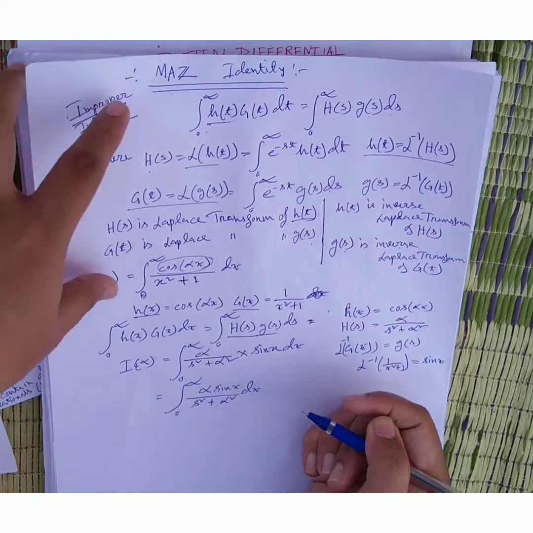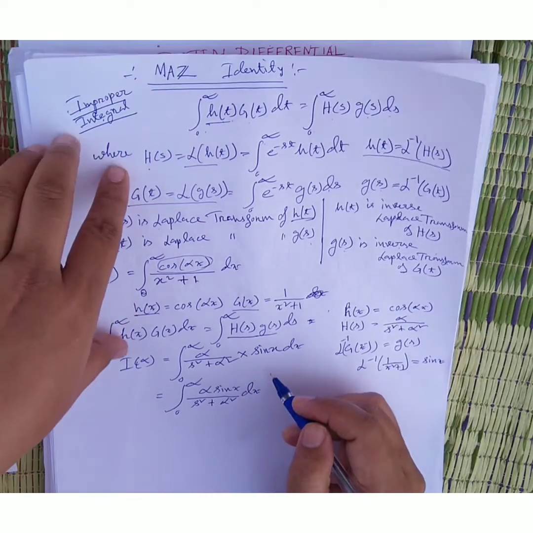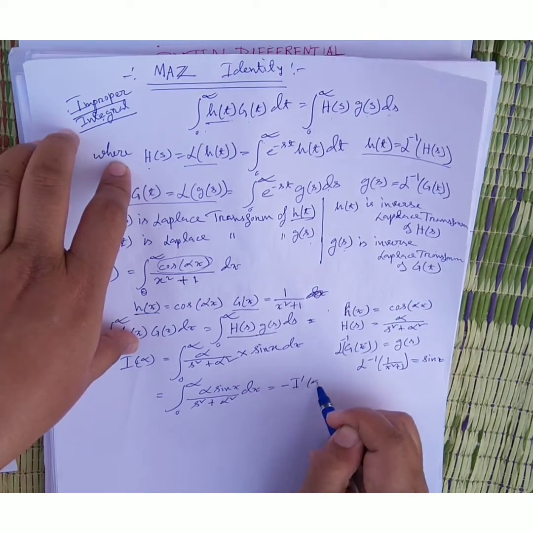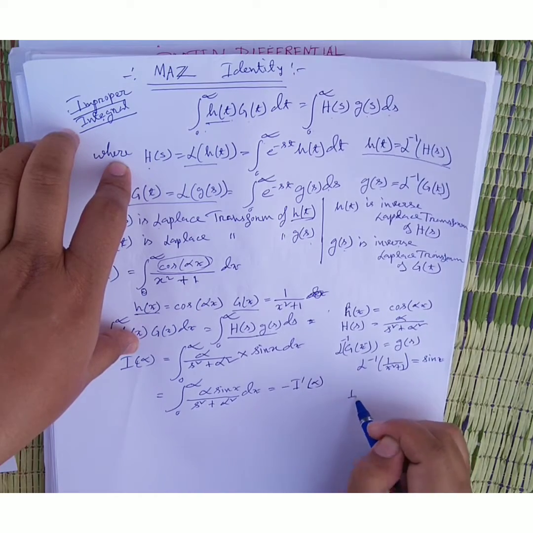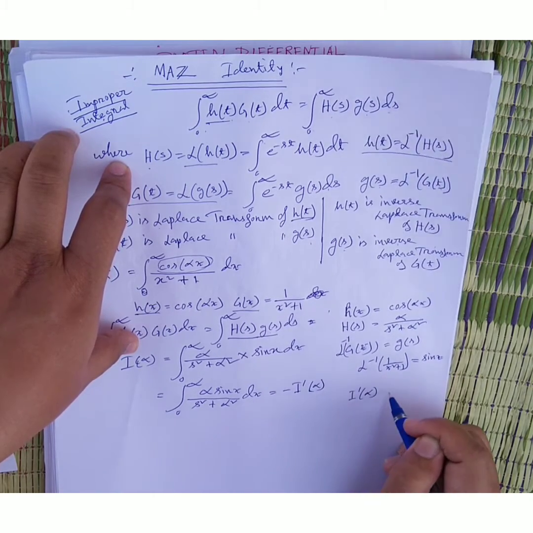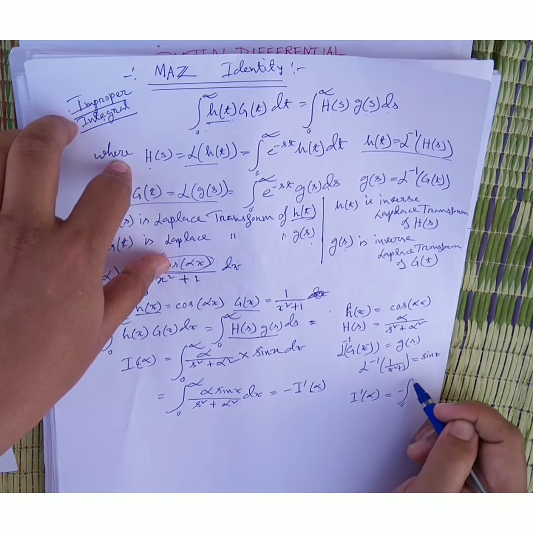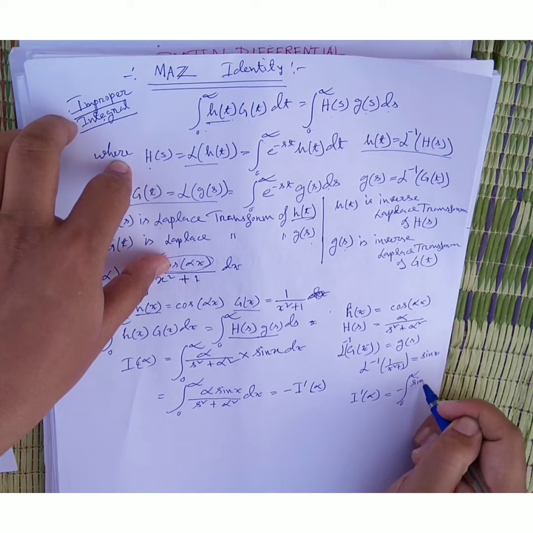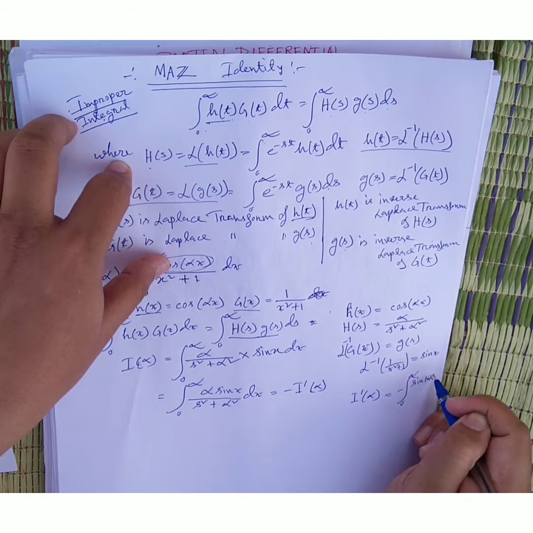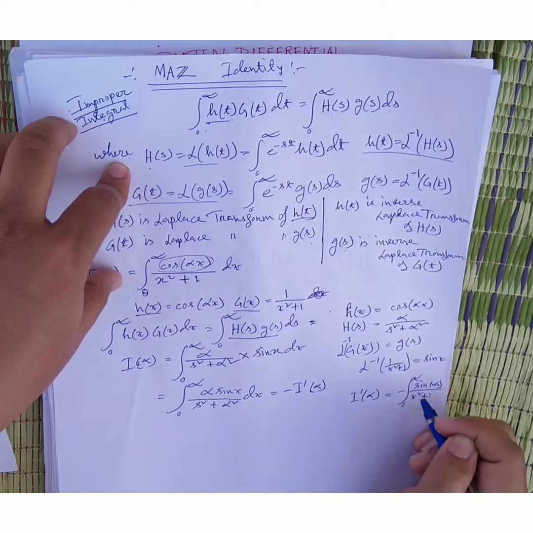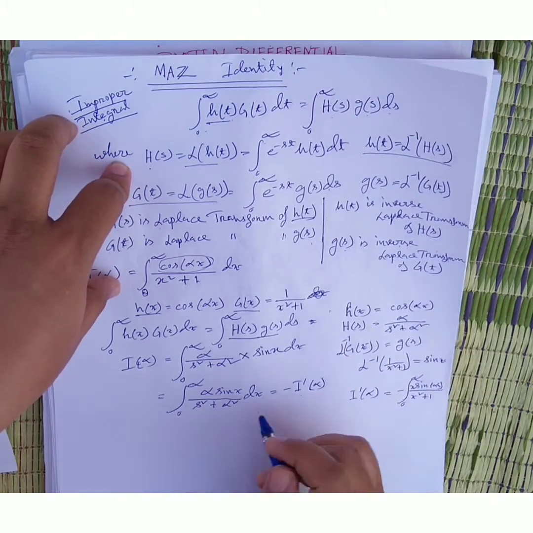So friends, you must remember that this value is minus I dash alpha, because if I differentiate, I dash alpha is equal to minus the integral from 0 to infinity of sin(alpha x) divided by x square plus 1 dx. So this is I dash alpha.